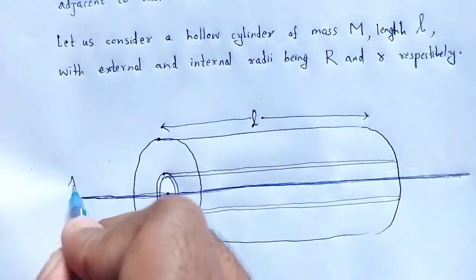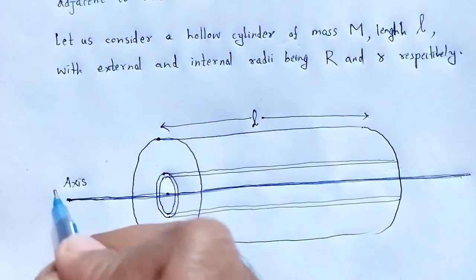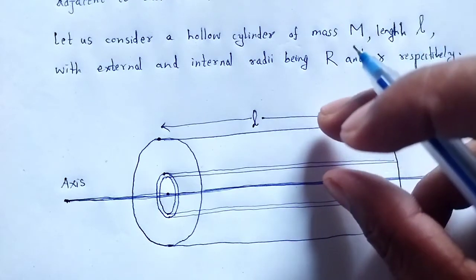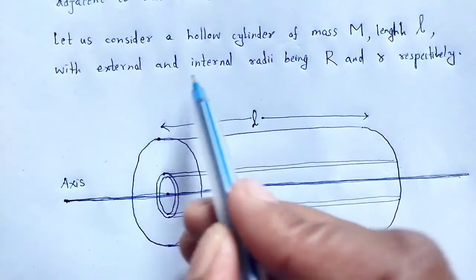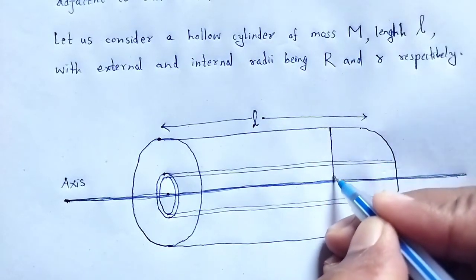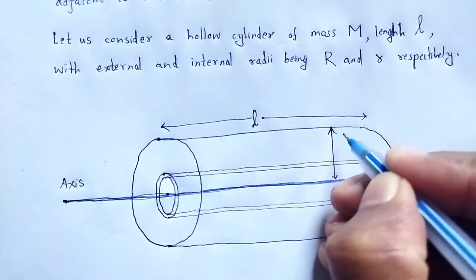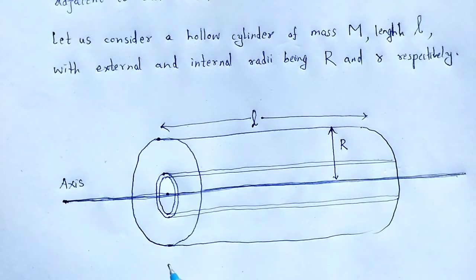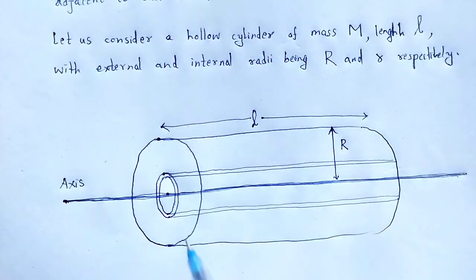This is the axis, and the external radius is capital R. This is the external radius, and the internal radius is smaller.